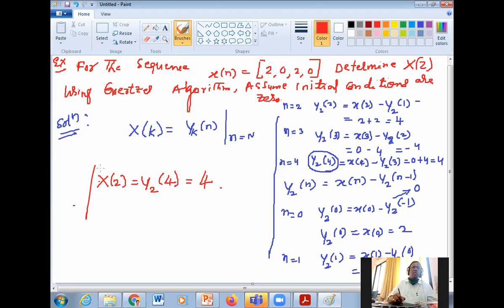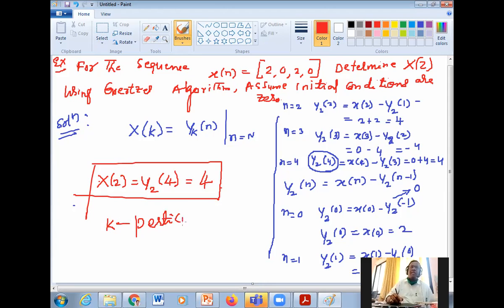This is the required value we needed to calculate with the Goertzel algorithm. This Goertzel algorithm is suitable for calculating the value at a particular value of k, or at a fixed value of k. That's how this Goertzel algorithm is helpful.